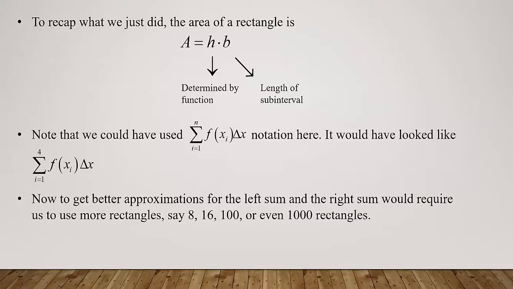Do you really want to do it by hand for 8 rectangles, 16, 100? No, I don't want to do it by hand. We understand the process. We know we're finding the area of rectangles and just adding them all up. Sounds to me like a good task for a calculator program.